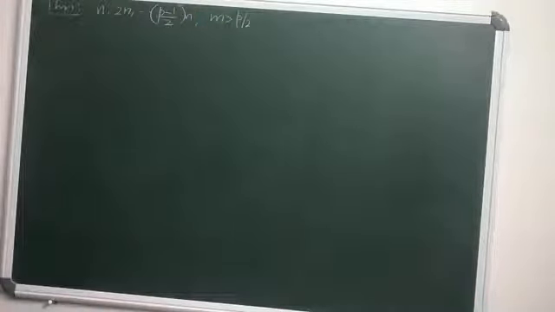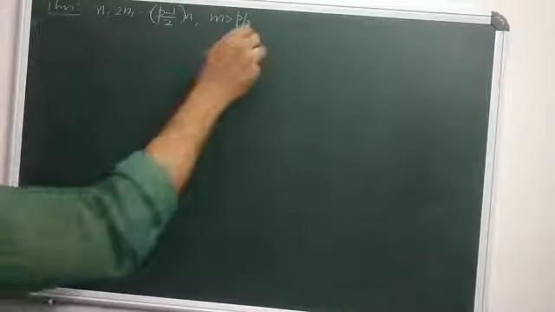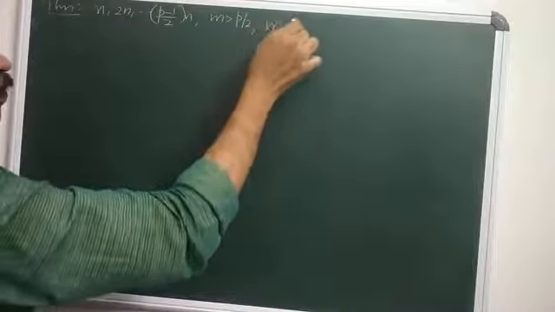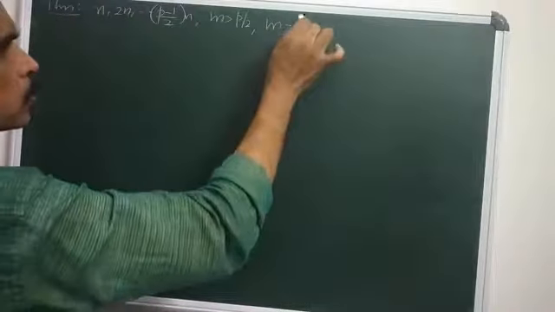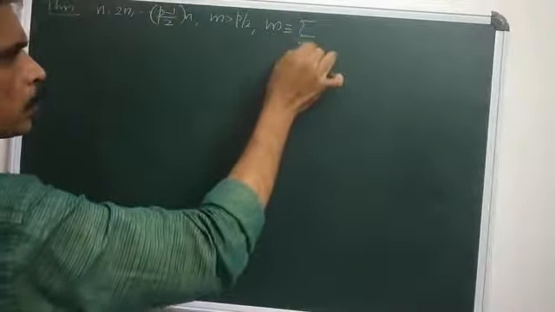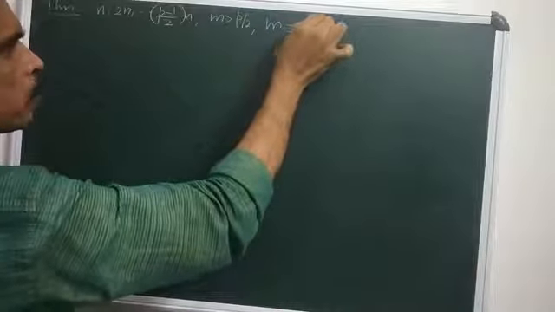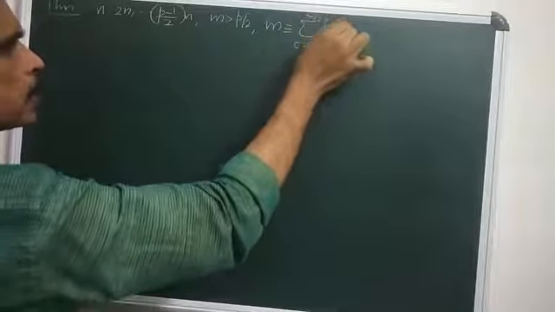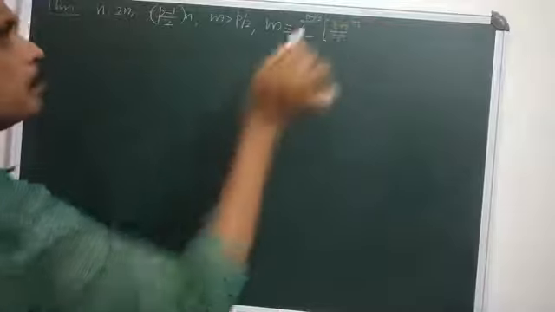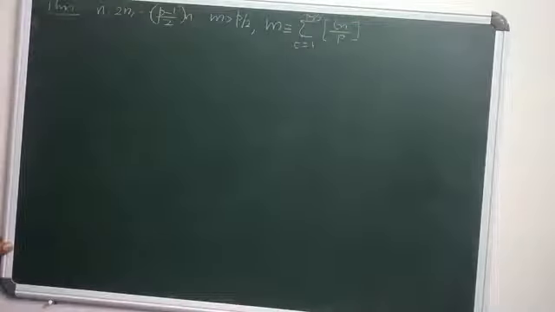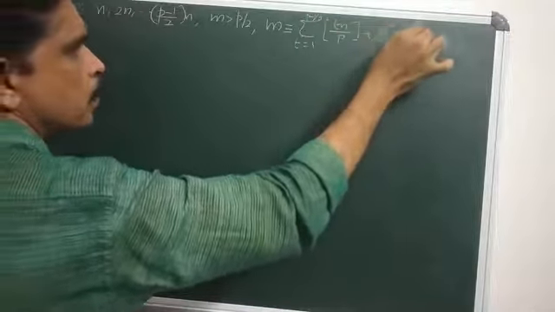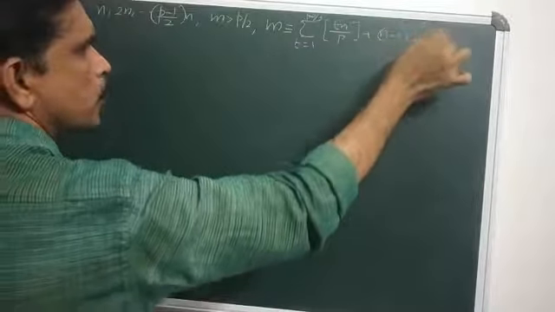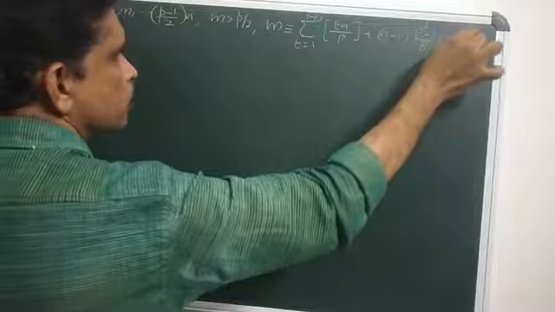Then m is congruent to the sum over t from 1 to (p minus 1)/2 of the greatest integer of tn/p, plus (n minus 1) times (p square minus 1)/8, mod 2.